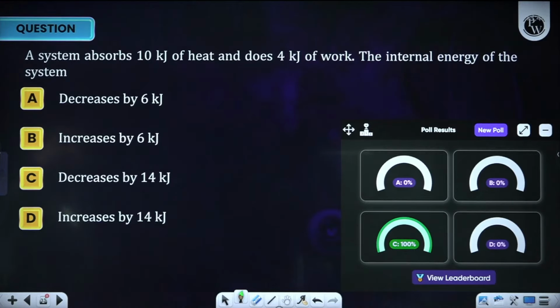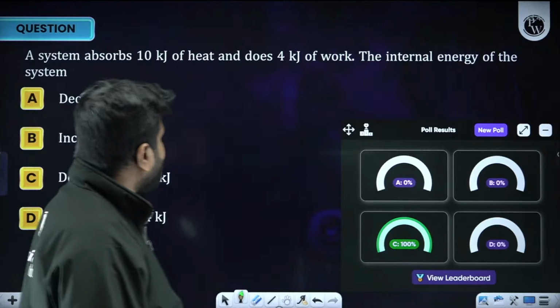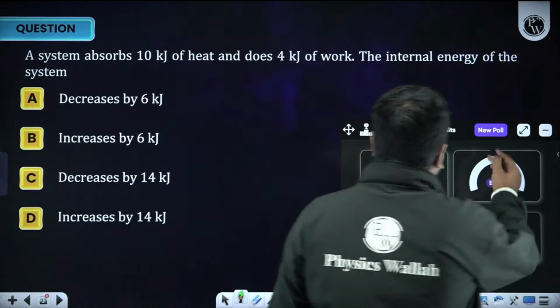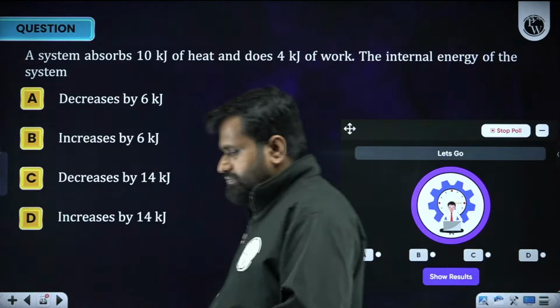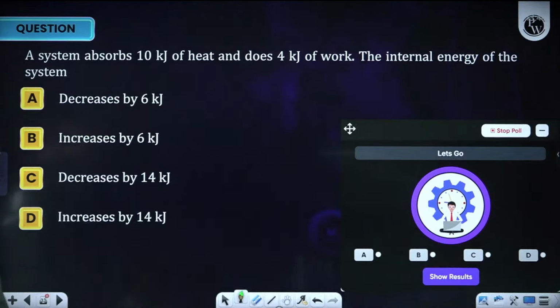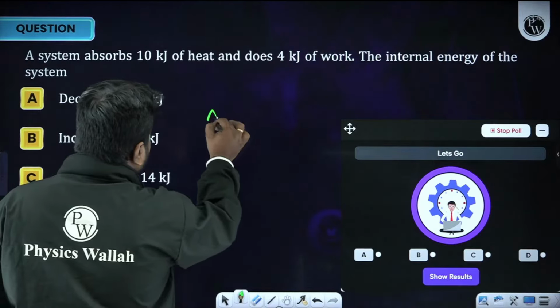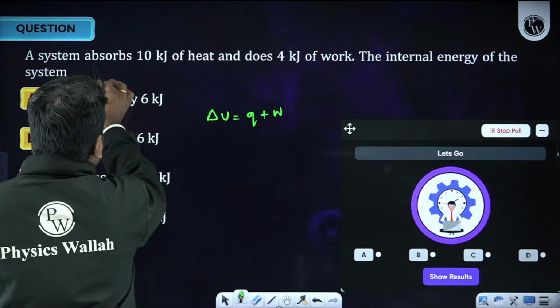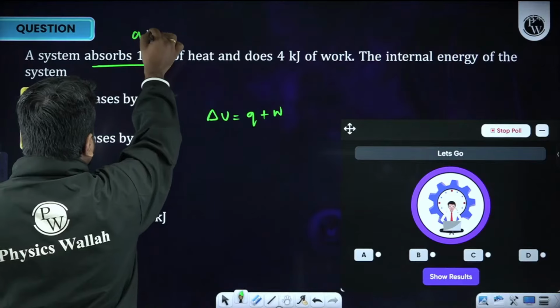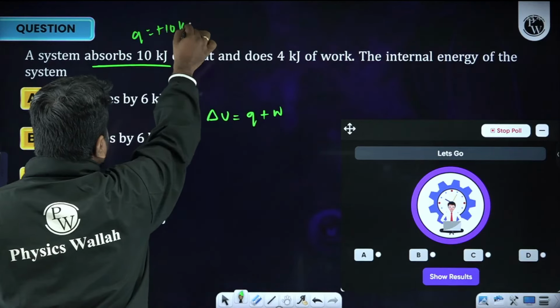A system absorbs 10 kilojoule of heat and does 4 kilojoule of work. The internal energy of the system... We can use the delta U formula, right? Delta U is equal to Q plus W. Absorbs 10 kilojoules of heat, that is plus 10 kilojoule.